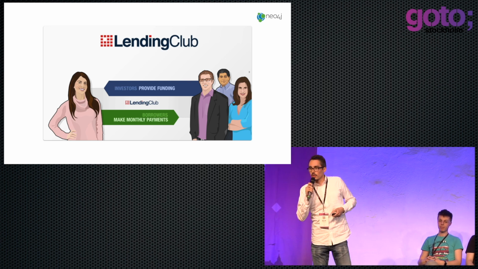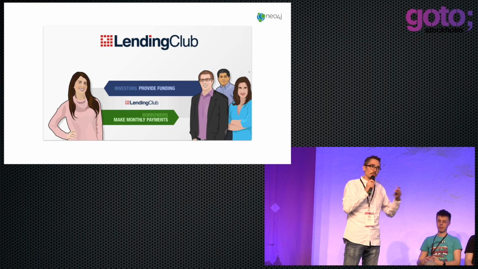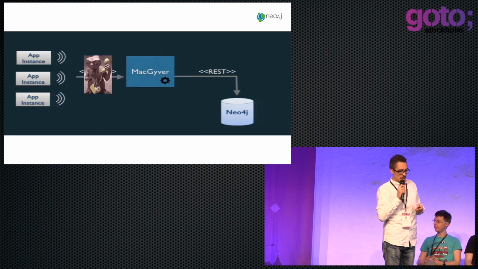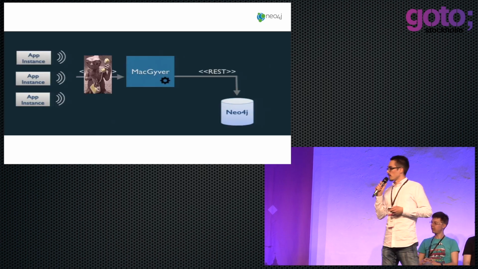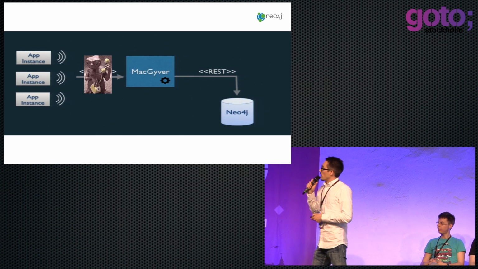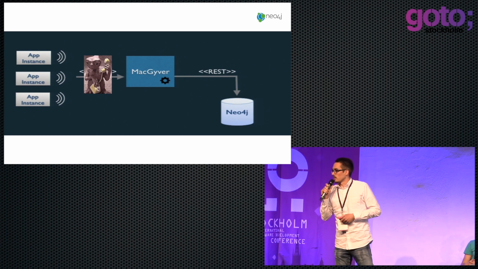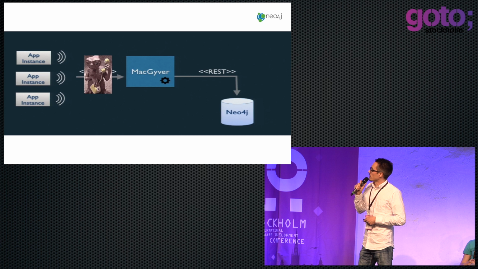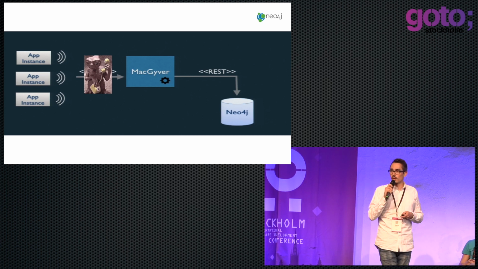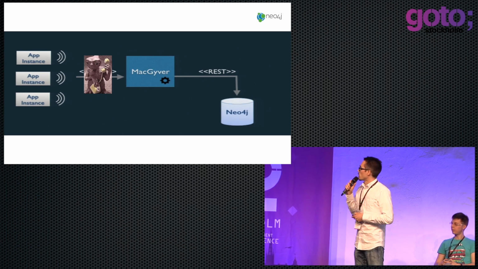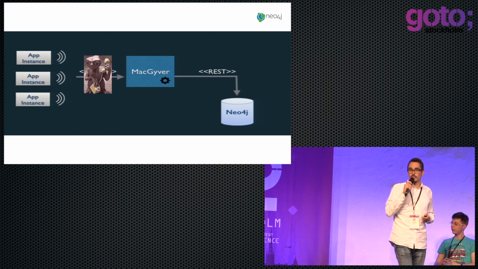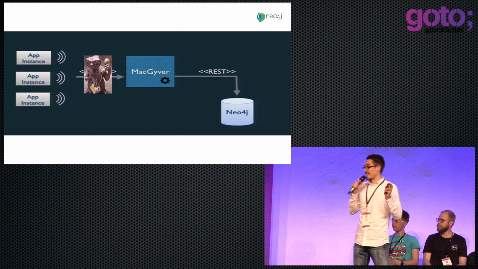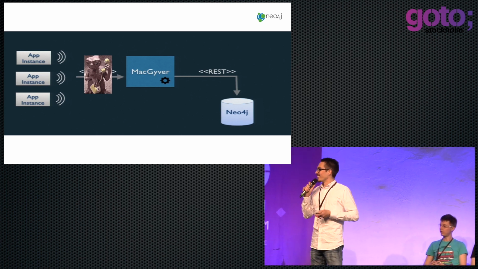Lending Club is one of the world's largest peer-to-peer lending companies, and they use Neo for this. I screen-capped their slides. They have the app instances and various services that come up. They all phone home to a service that's called MacGyver. I didn't name it, so don't shoot the messenger.